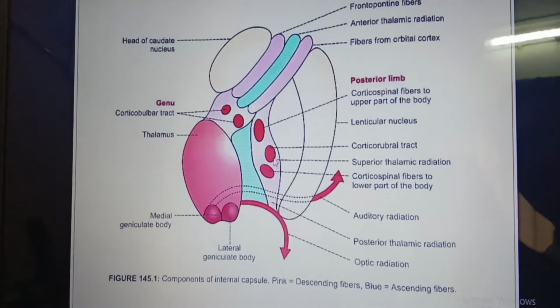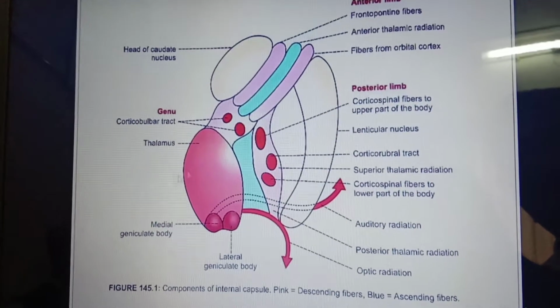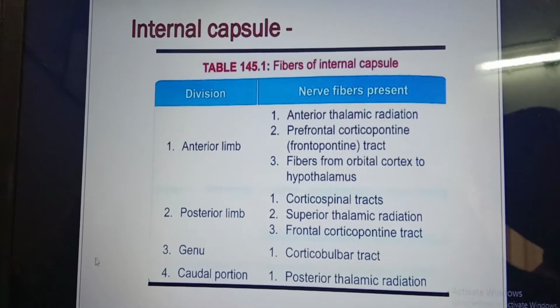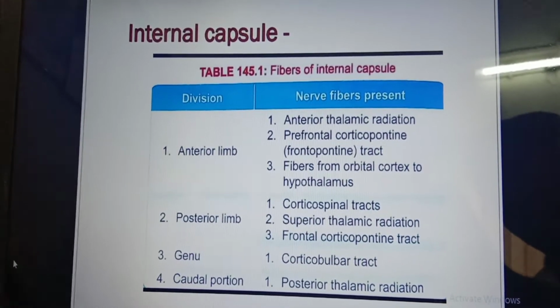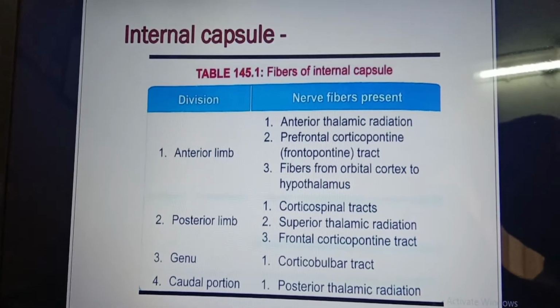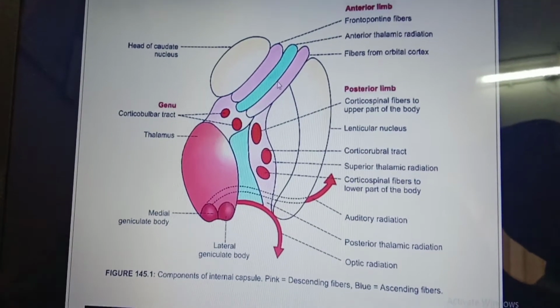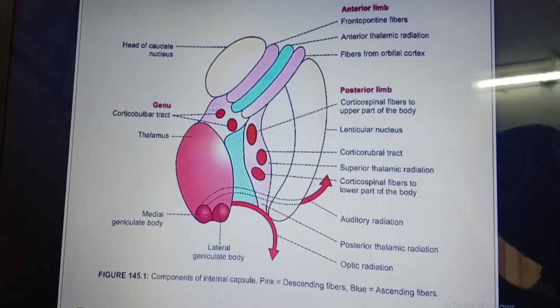So this is the posterior limb. Then the next parts are the genu of the internal capsule and the caudal portion of the internal capsule. The genu is present in between the anterior and posterior limb, somewhere here.